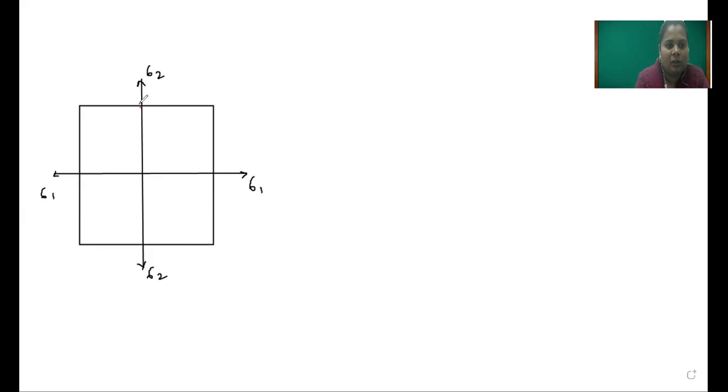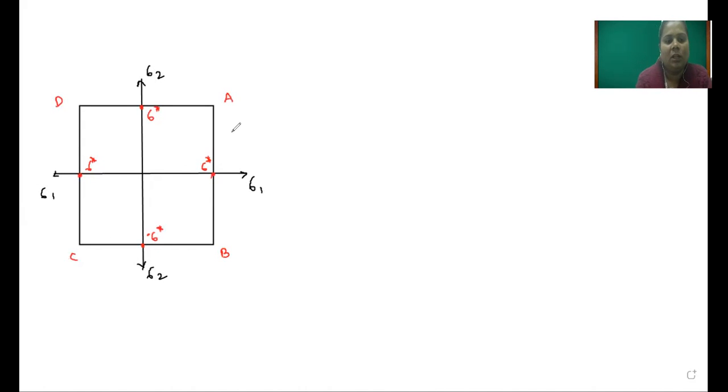This is sigma star, this is also sigma star. Here also sigma star, but this is negative, and here also sigma star, this is also negative. Okay, so this is the envelope. Suppose this is the A, B, C, D portion.